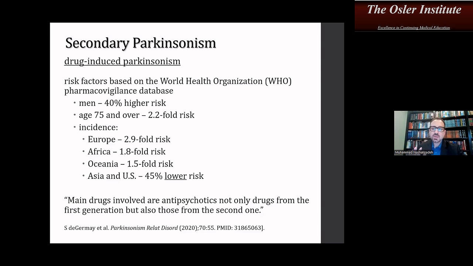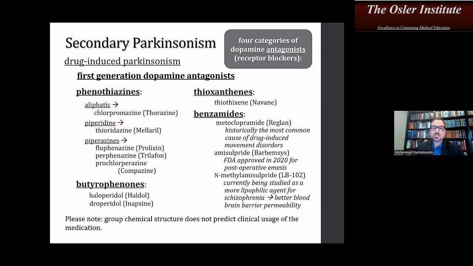But if we try to convince ourselves that this is not a problem using the newer medicines, we would be amiss, because there are certainly second generation dopamine antagonists that I'll talk about that can increase the risk of drug-induced Parkinsonism.